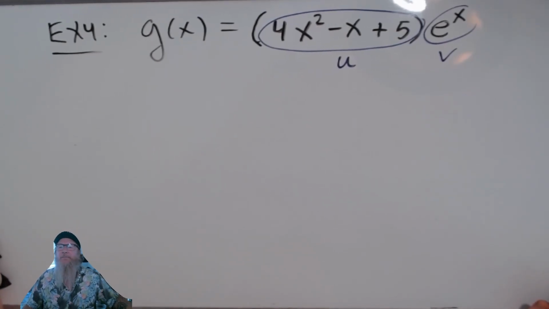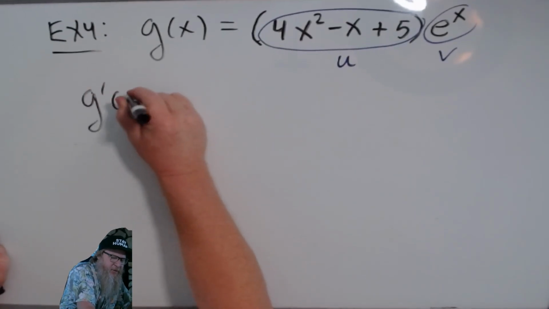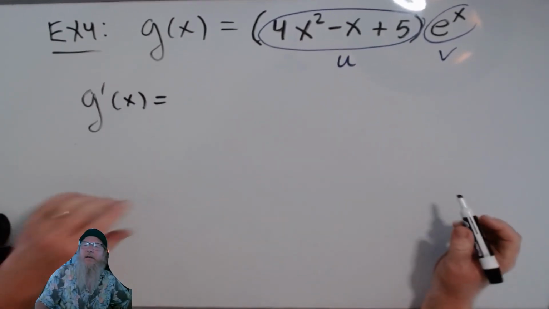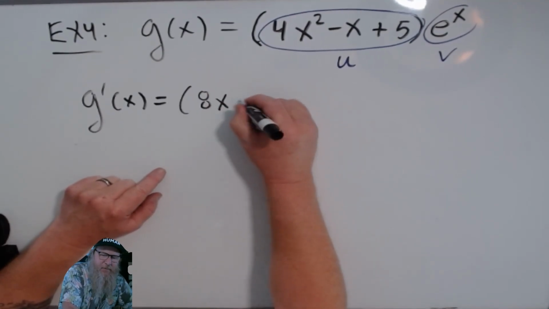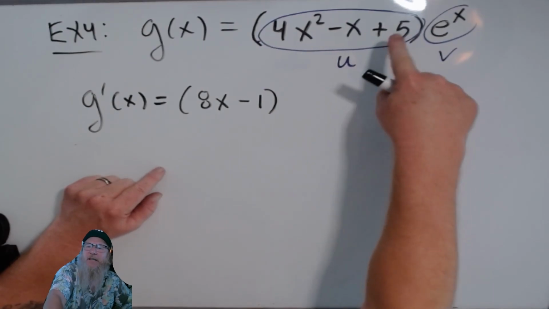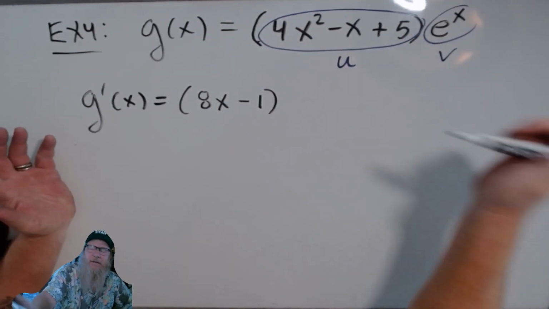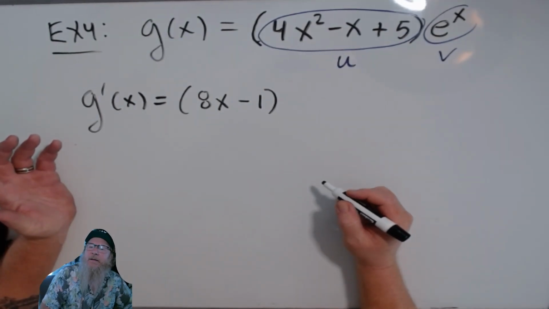So g prime of x, the derivative of u is 8x minus 1, plus 0. Remember, there's an invisible 1 here in front of the x. So that's u prime.